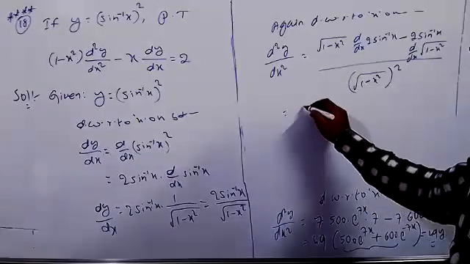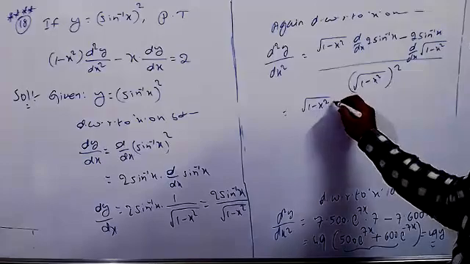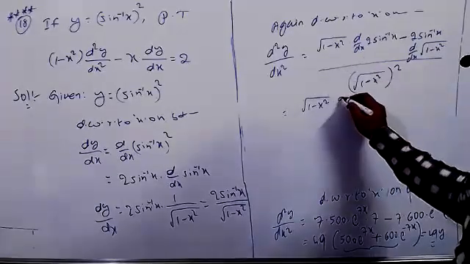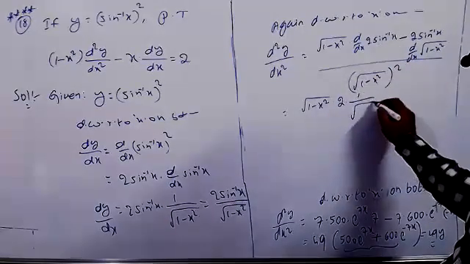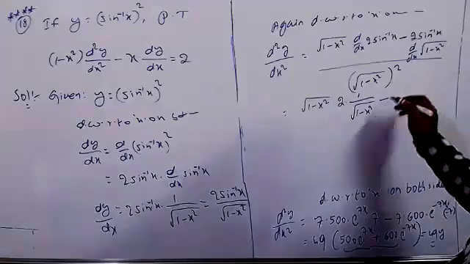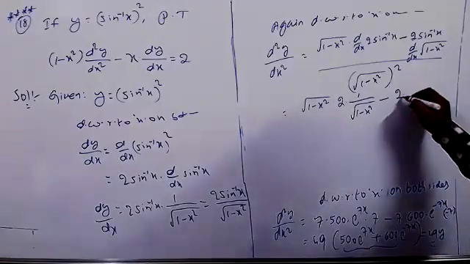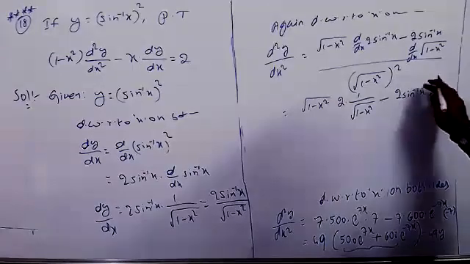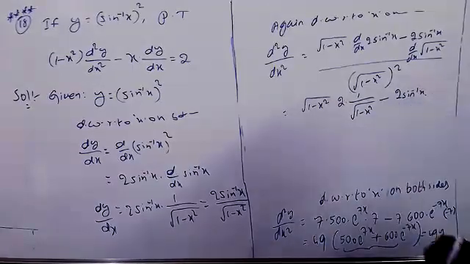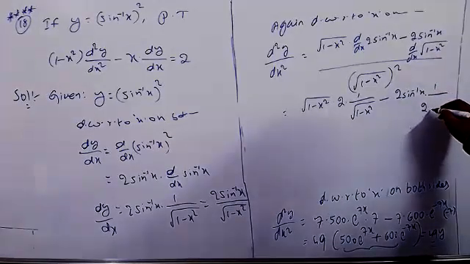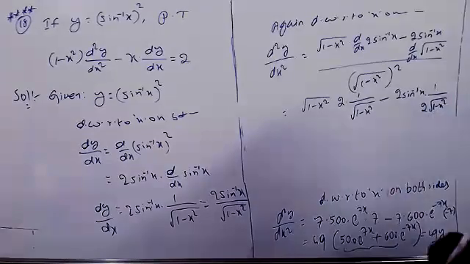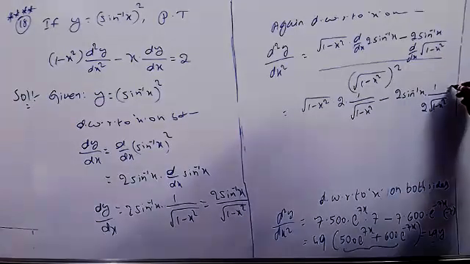We can simplify this. Anyhow, 2 is the constant value, take it outside. Differentiation of sin inverse x equals 1 by root of 1 minus x square, minus 2 sin inverse of x into differentiation of root of 1 minus x square, which equals 1 by 2 root of 1 minus x square into the differentiation of 1 minus x square, which is minus 2x.